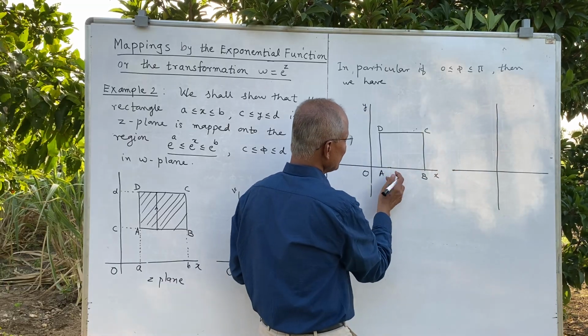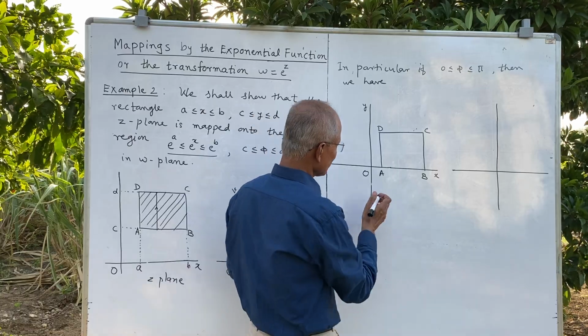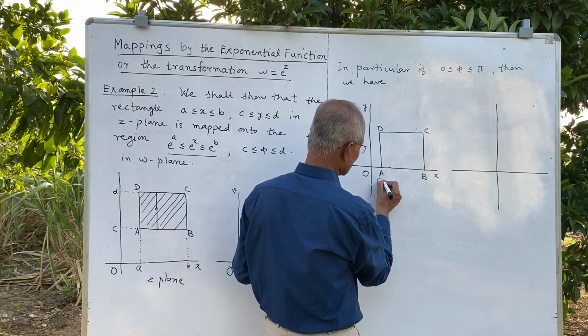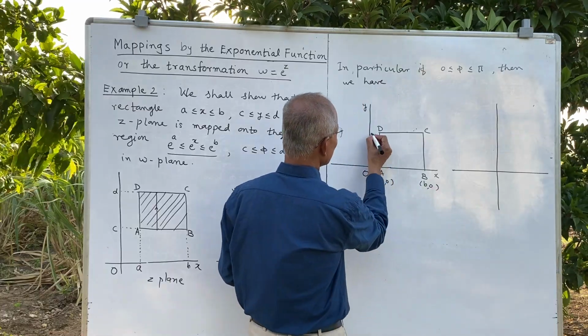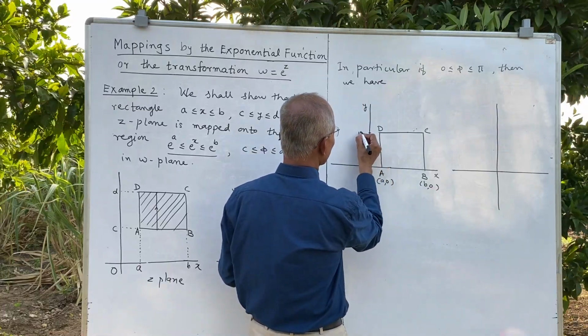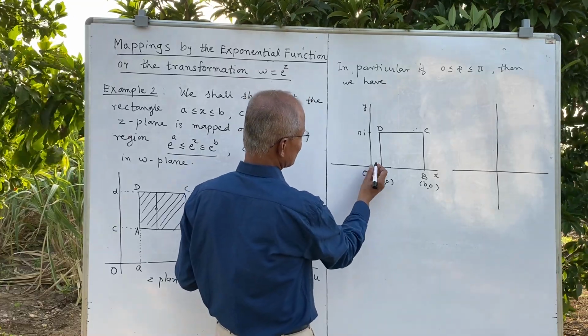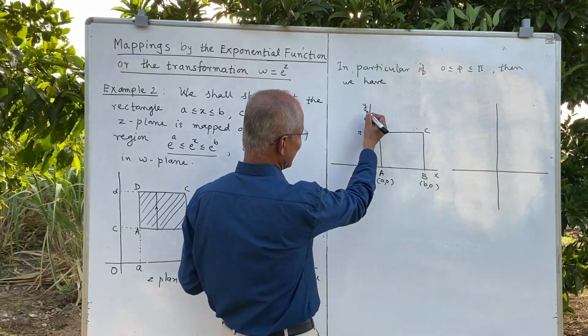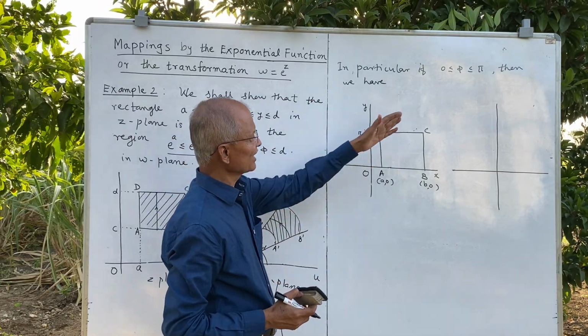Now for AB, it will have x coordinate, suppose the x coordinate of A is small a, and this is B, and here this is pi i. Here y is 0 means phi is 0, and y is pi means phi is pi.